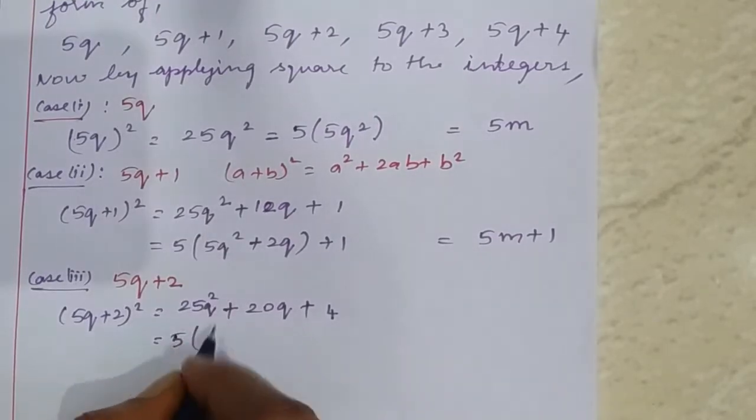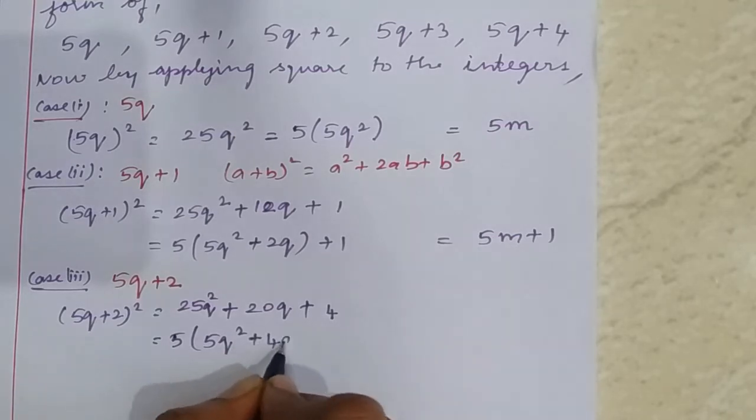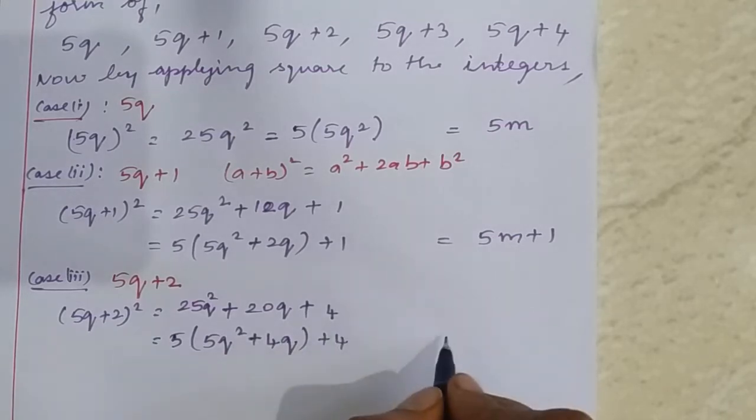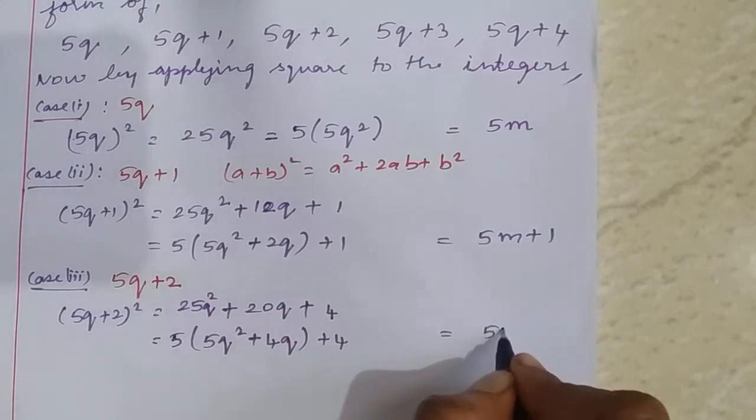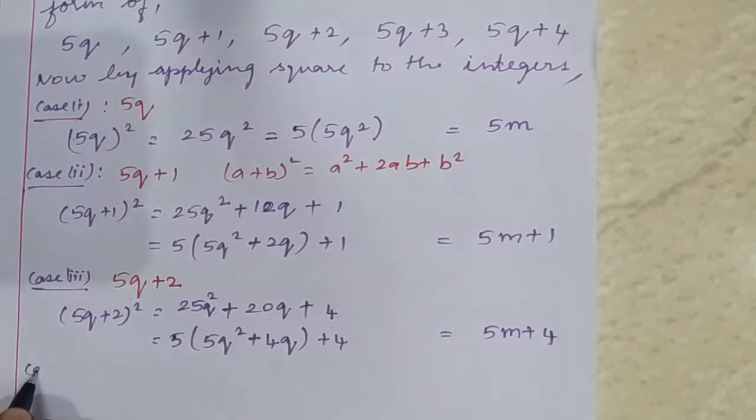By taking 5 as common, we get 5 times 5q square plus 4q, plus 4. So it is of the form 5m plus 4.